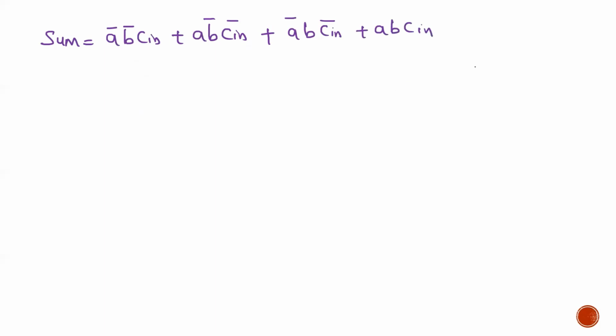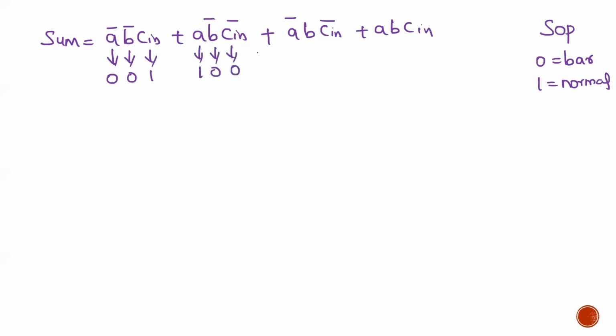Now, as it is SOP, in SOP 0 is called as bar, 1 is normal. So observe carefully, wherever there is bar, I'll put 0. So this is 0, 0, 1. This is 1, 0, 0. This is 0, 1, 0.